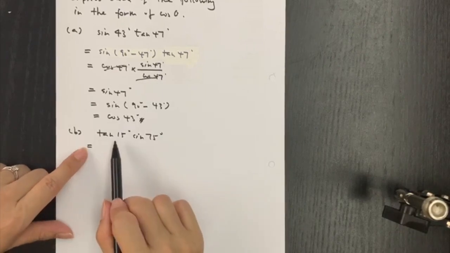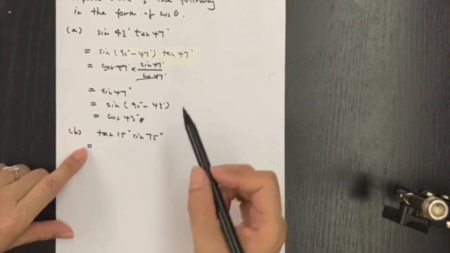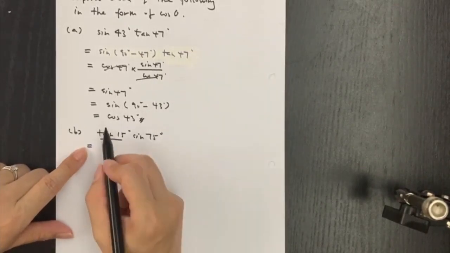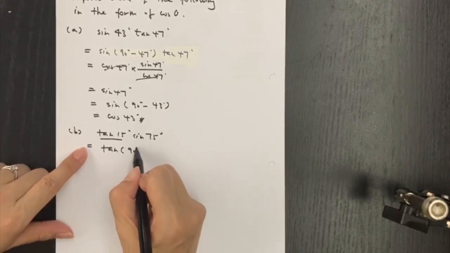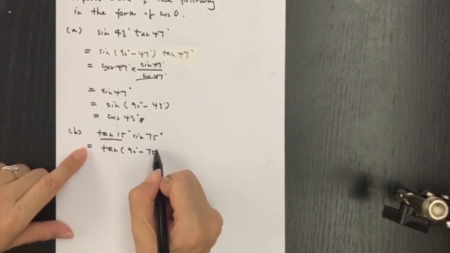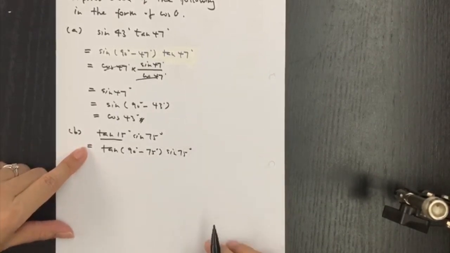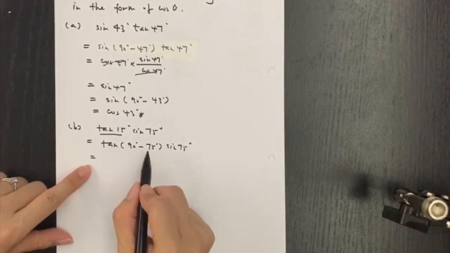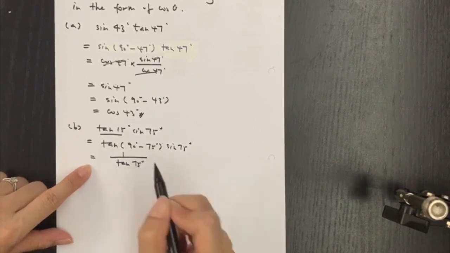Okay, next, how do we change this tangent 15 times sine 75 into cosine theta? Now this time, what about we start with tangent 15? Tangent 15 is the same as, this 15 is the same as 90 minus 75. And then this is sine 75, is that right? Okay, and then for this, tangent 90 minus theta is the same as 1 over tangent 75.